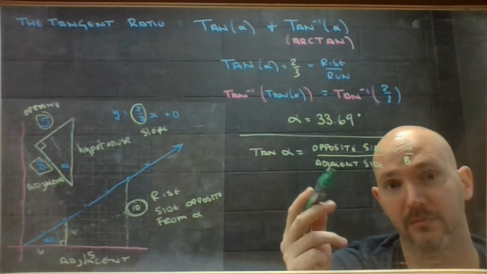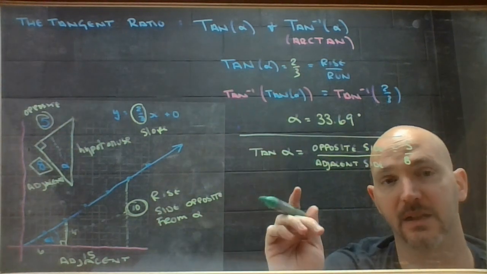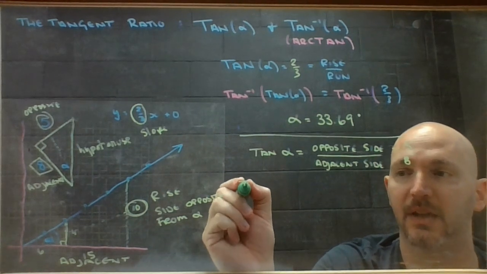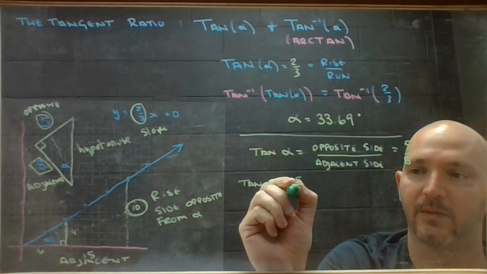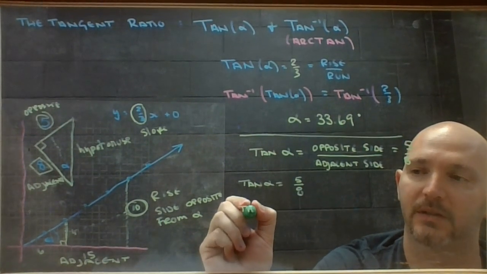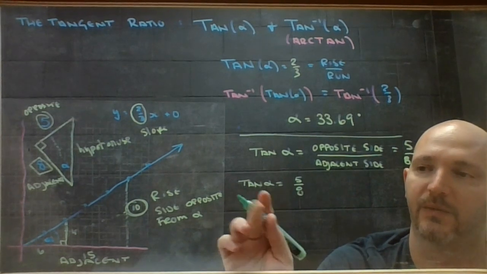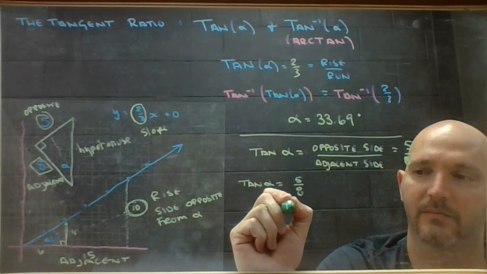So having built that, this opposite over adjacent, out of the idea of rise over run, I'm left with tan alpha is 5/8. So if I want to find alpha, I just have to apply arctan to both sides.